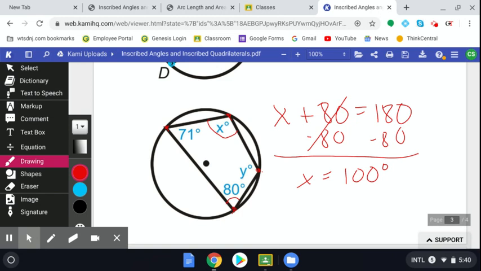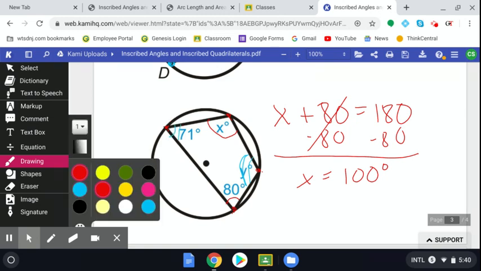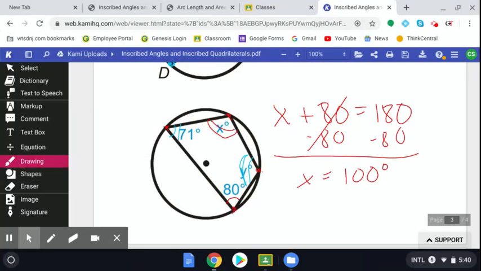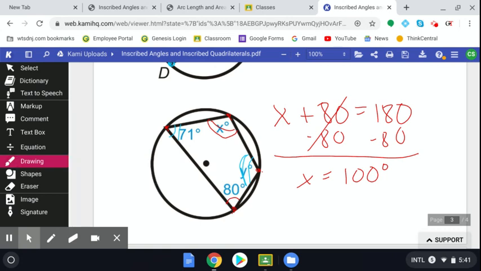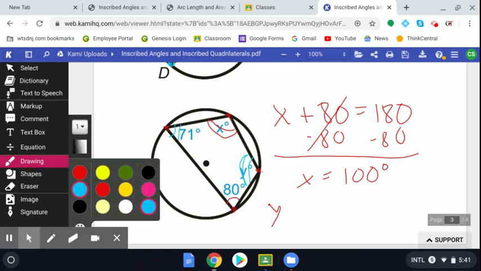And now I need to solve for Y. For Y, I should be able to see that this and this are opposite angles, which means they will be supplementary. So now I can say that Y plus 71 degrees is equal to 180.